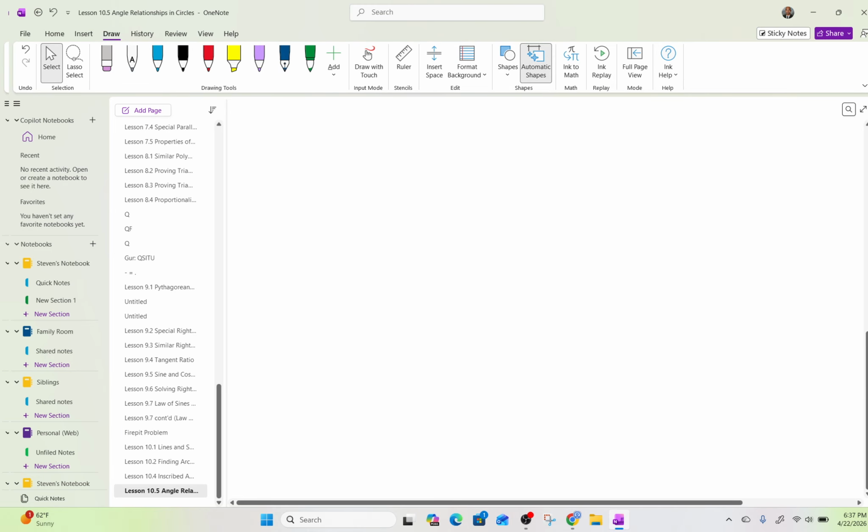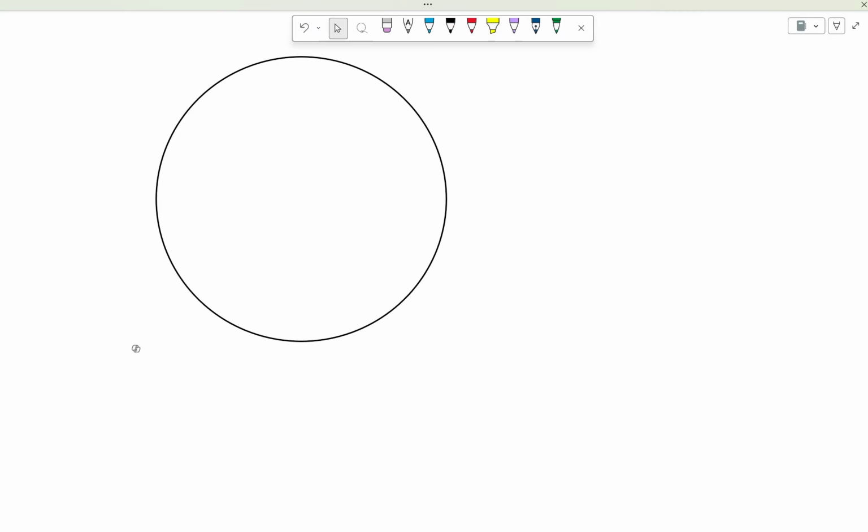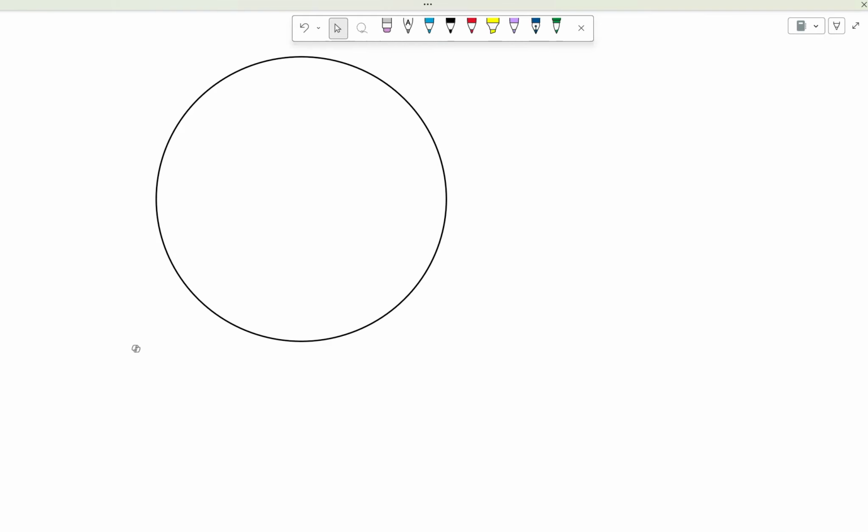Let's go ahead and make a circle. And I'm going to make a couple of secant lines, but I am not going to put the intersection at the center. I will put it inside the circle, but not at the center. Okay?